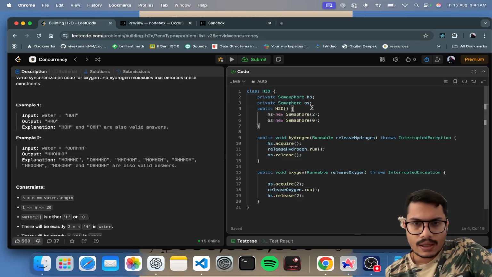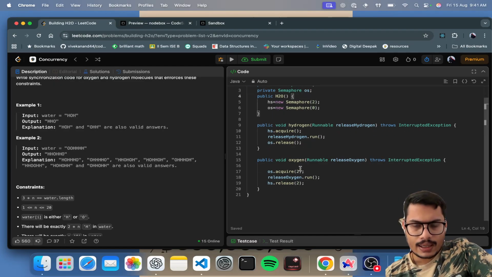Okay, so I declare two semaphores, one for hydrogen and one for oxygen. Initially I need two hydrogen, so I'll declare the count to be two for the hydrogen semaphore. Let oxygen be zero. First we can see the oxygen function.